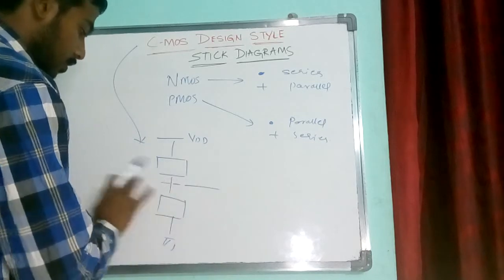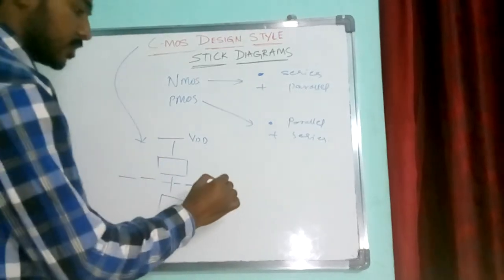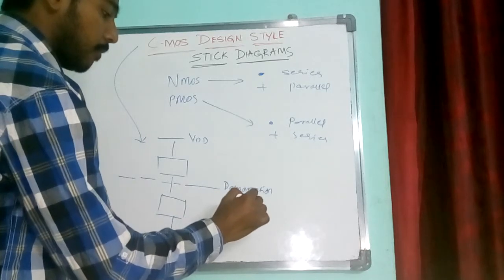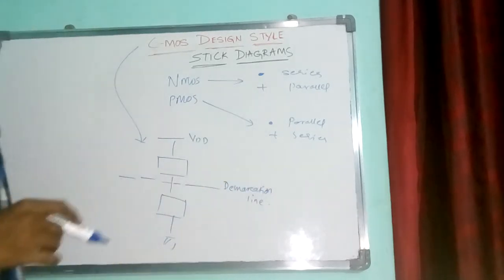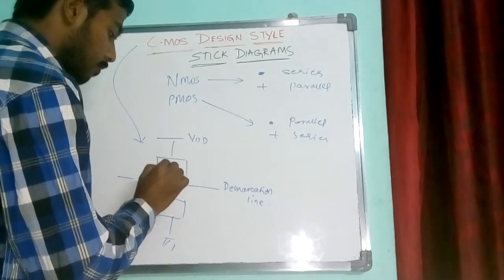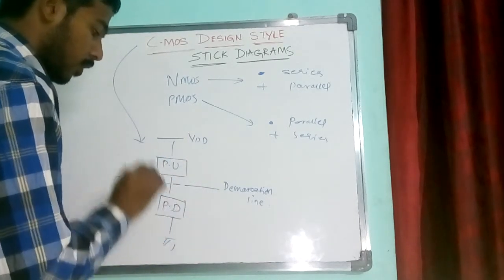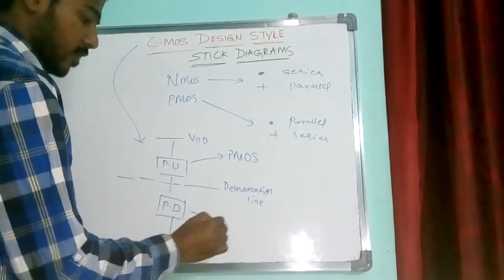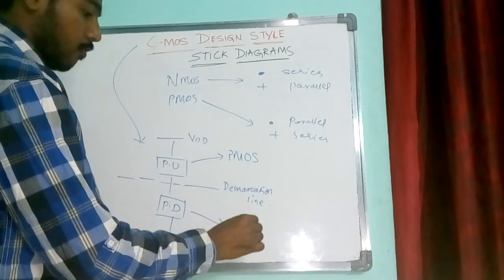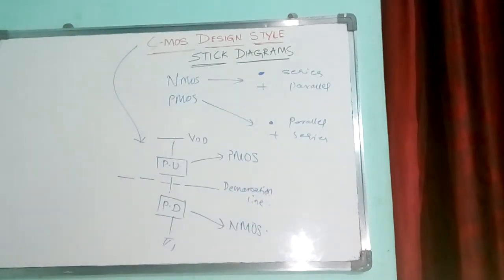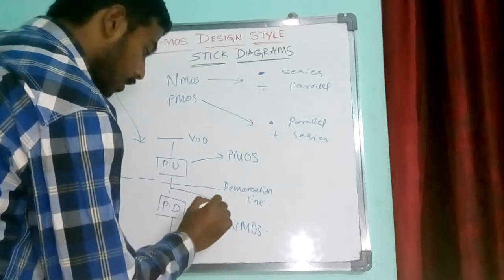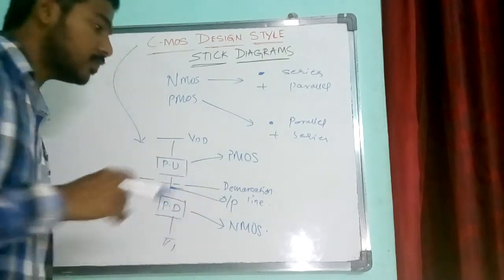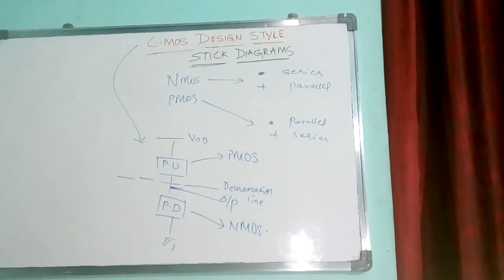This is the demarcation line, which separates the pull up network and the pull down network. Pull up network always has PMOS, whereas pull down network always has NMOS. Here I will take the output.